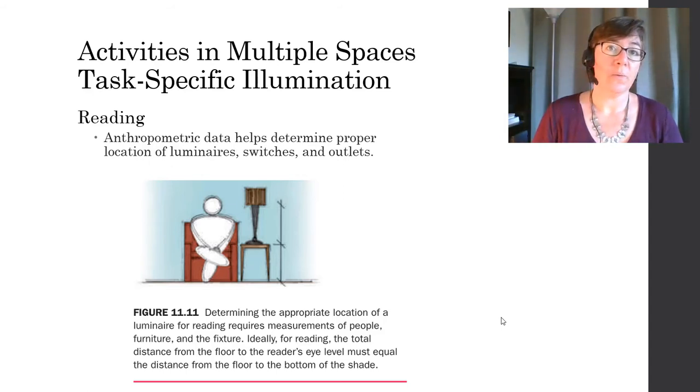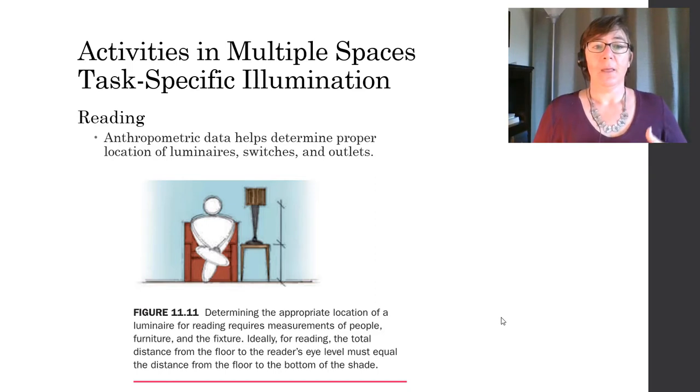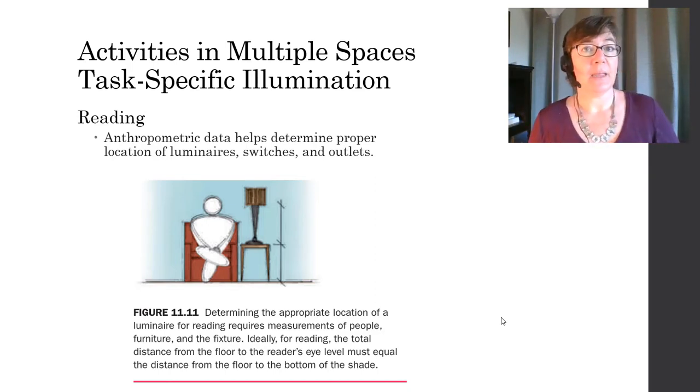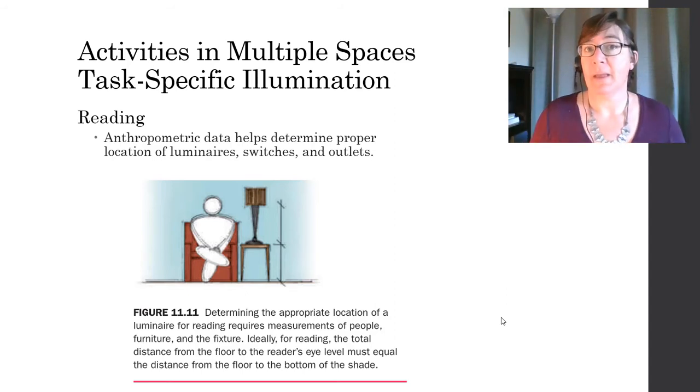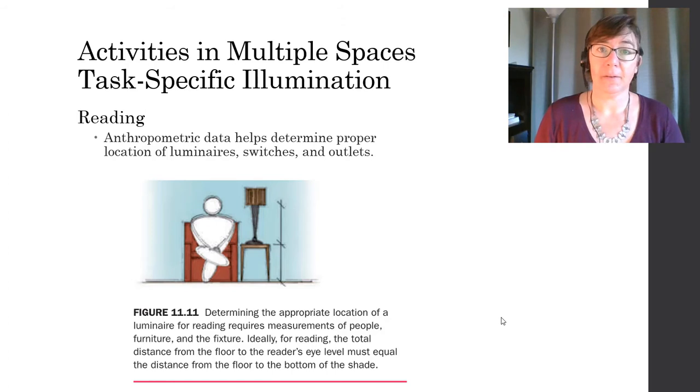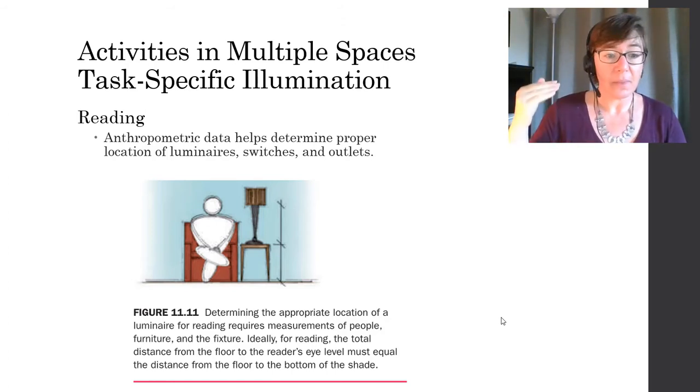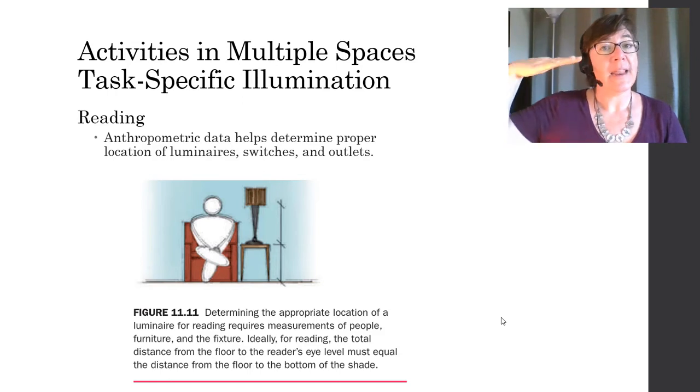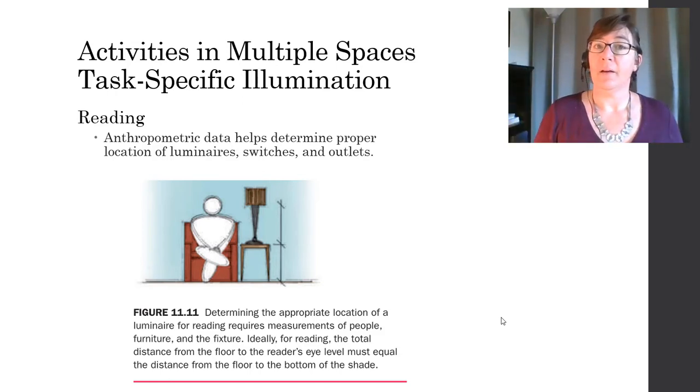And here's one way that your book suggests you take a look at the anthropometric data. And that's simply the measurements or the heights or the sizes of your clients. For example, for reading, the light shade should be roughly at the height of your seated user.